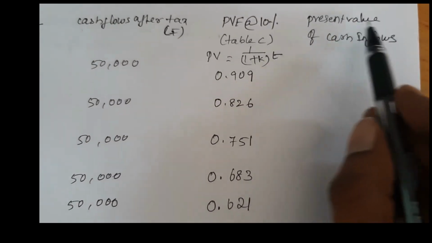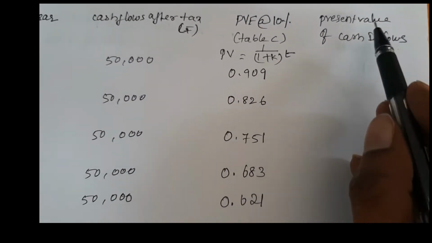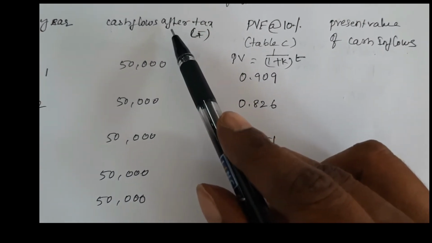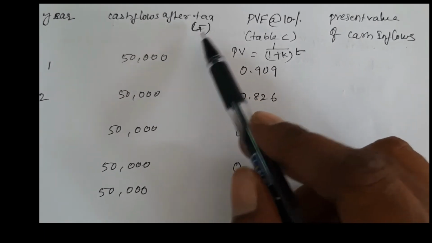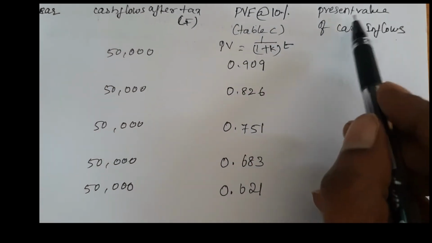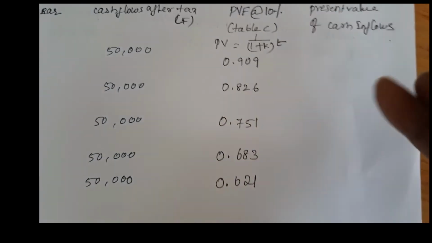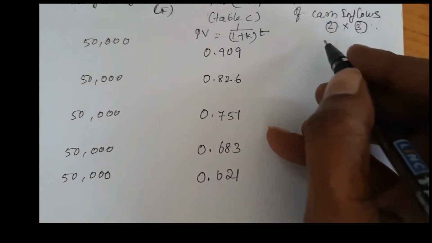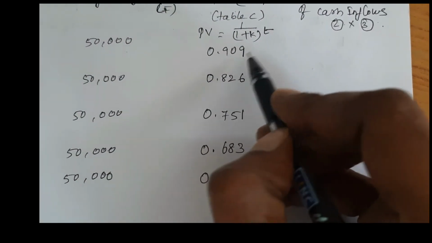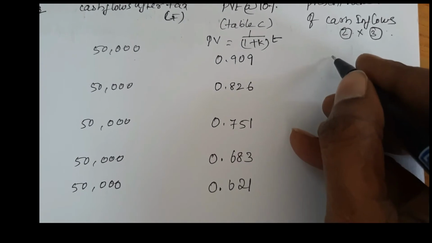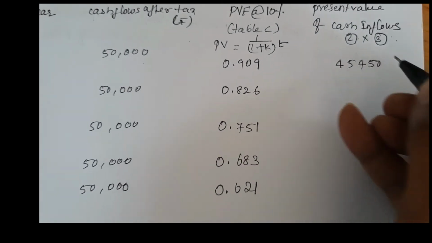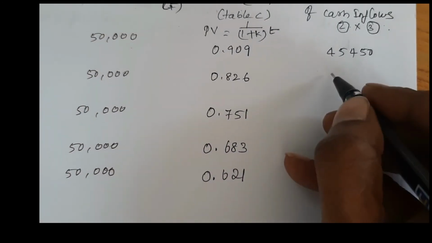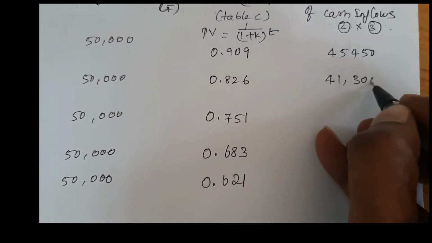Then we should get the present value of cash inflows. How do we get this? When you multiply cash flows after tax, or the cash inflows, with the present value factor, you will get the present value of cash inflows. So the second column needs to be multiplied with the third column. You will get 50,000 into 0.909, which is 45,450. Then second year 50,000 into 0.826, we get 41,300.